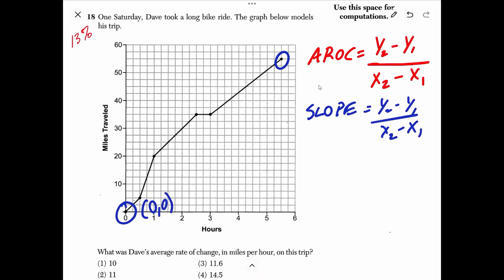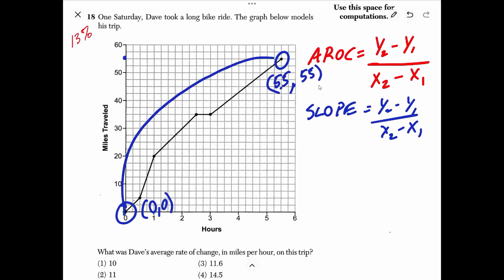So the x value is 5.5 and the y value would be 55. So 5.5 and 55, those are the 2 points that we need. We're going to start here and find the average rate of change over to there.